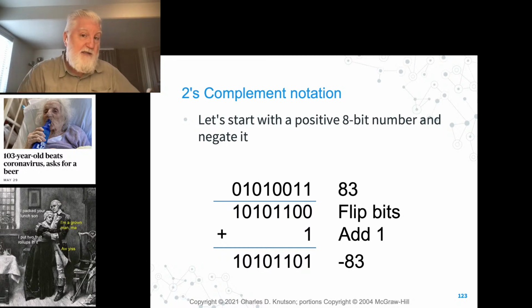It's signed, because 2's complement is a signed notation, meaning it can handle both positive and negative numbers. A 2's complement integer is an integer represented in binary according to 2's complement notation.